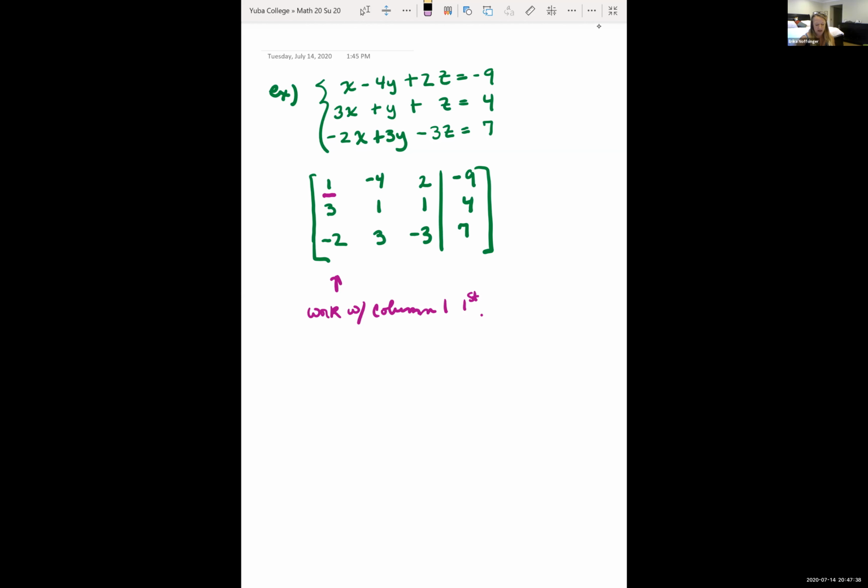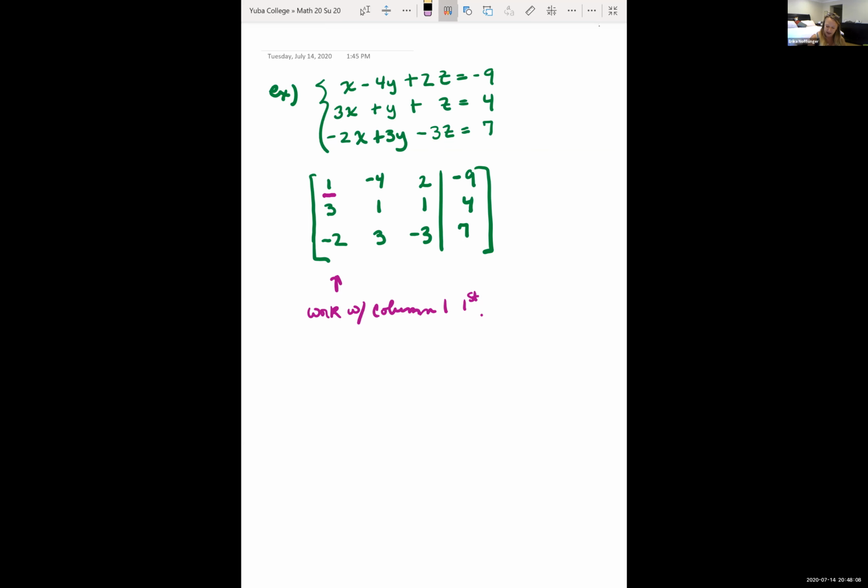If it wasn't, I would either multiply that row by a non-zero constant to make it a 1, or I could interchange rows, or change it with a sum of another, but it's already where we want it, so that's nice. Now we're going to use this 1 to get rid of the numbers below. If I multiply 1 by -3 and sum it to the second row, that 3 would go away and be a 0.